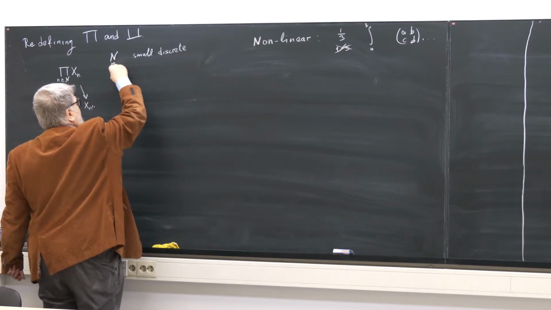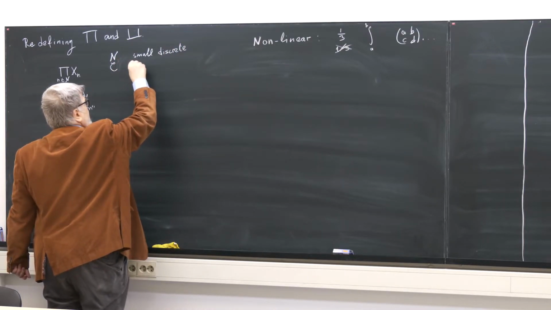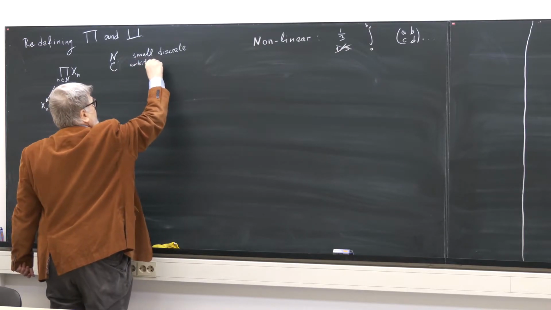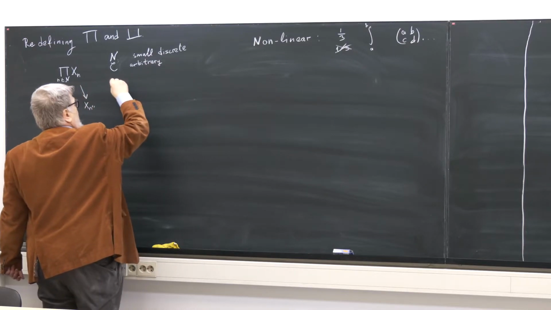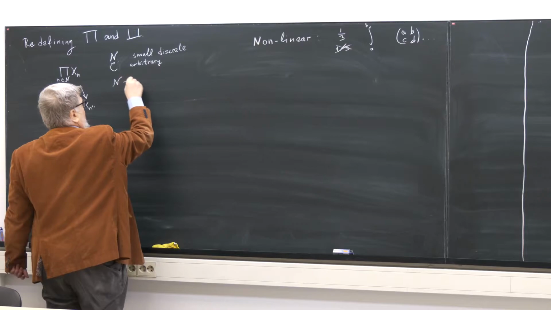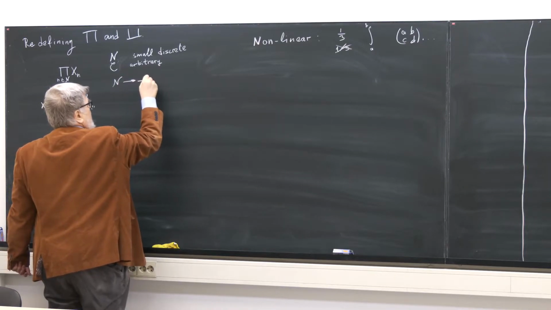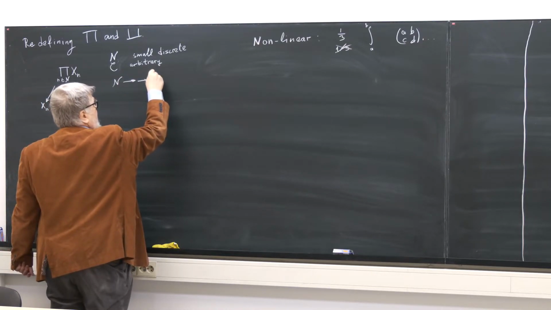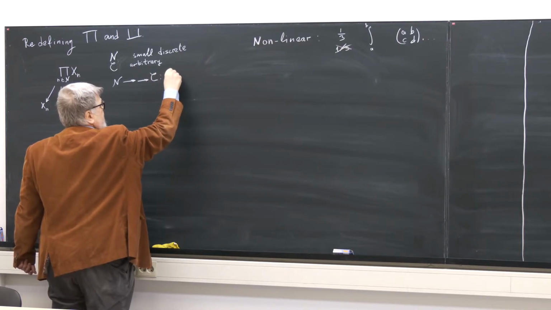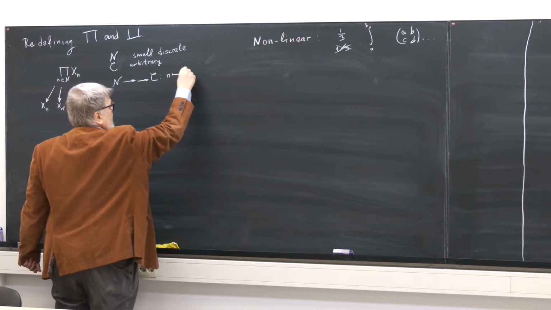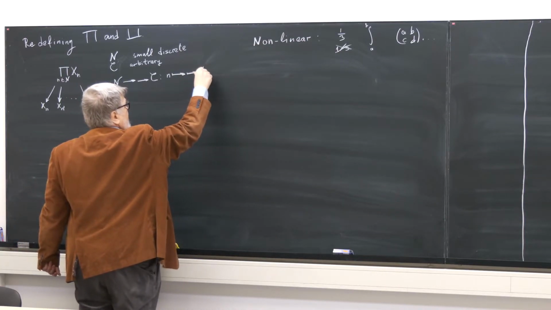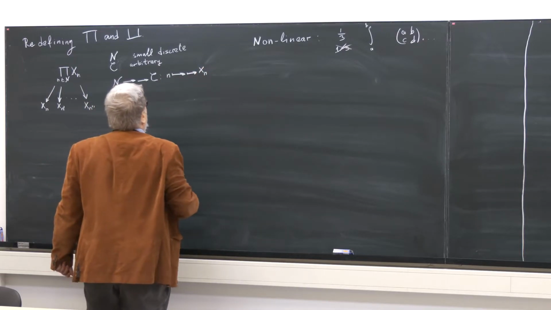Category C is an arbitrary category, and we have a small functor, to which we give no name, but it associates to an object n an object x sub n.